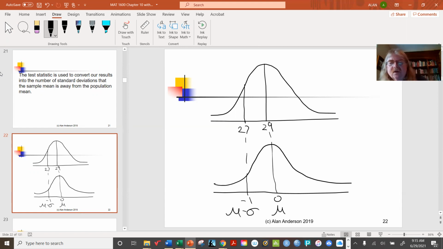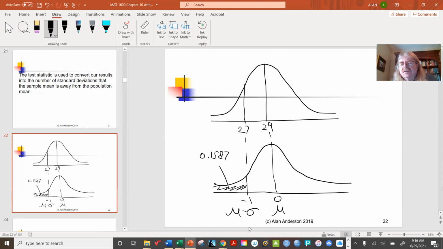Now, what's interesting about this is that this tail area is not that small, about 15.87% of the time we should be at or below one standard deviation below the mean. So it might seem like there's a pretty decent chance that the null hypothesis is true in spite of the fact that our sample mean is 27.